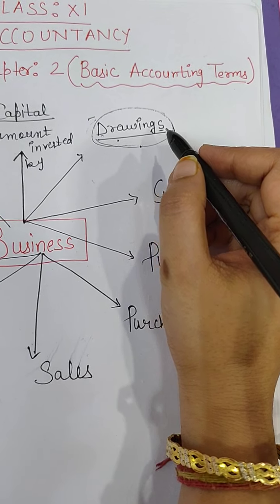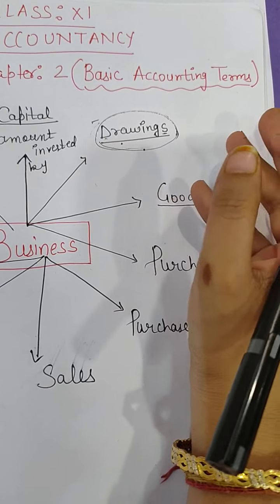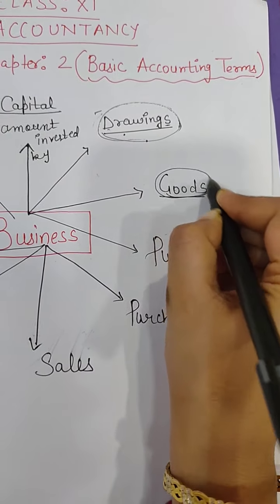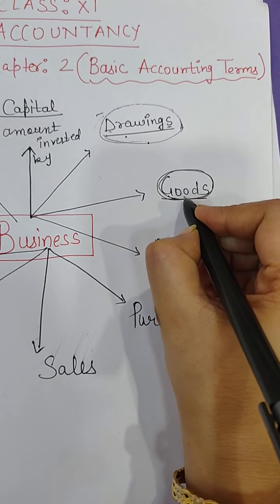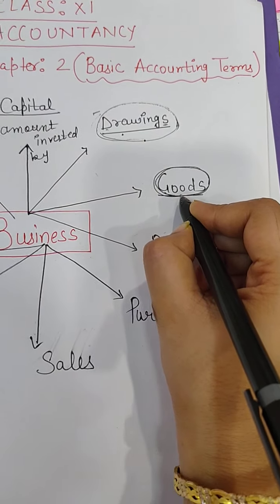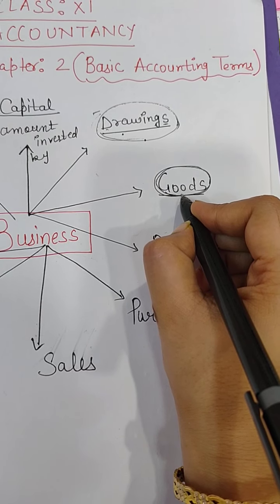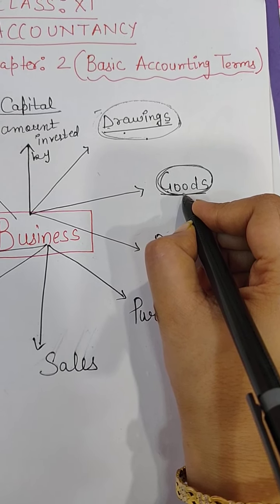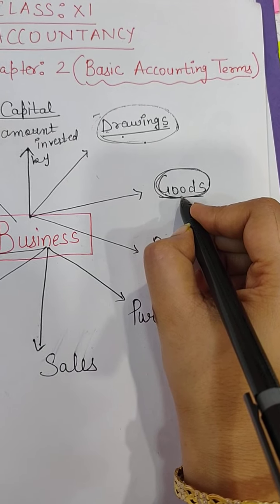Goods means saman. I'm not saying good, it's goods. So if I have started a furniture business, furniture is goods for me. If I have started a clothes business, clothes are goods for the business. Okay, clear?